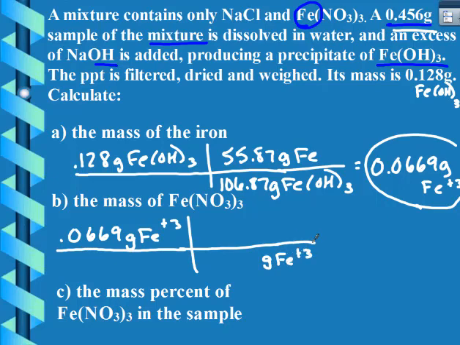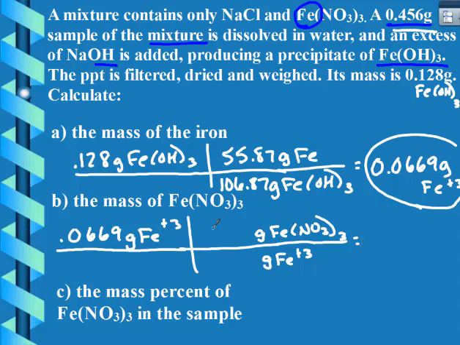So whatever unit I started with has to go on the bottom, and I'm converting this to grams of iron 3 nitrate. So very similar to what I just did, except I have a different molar mass and it's flipped because now I have just the mass of the metal and mass of the compound on top.